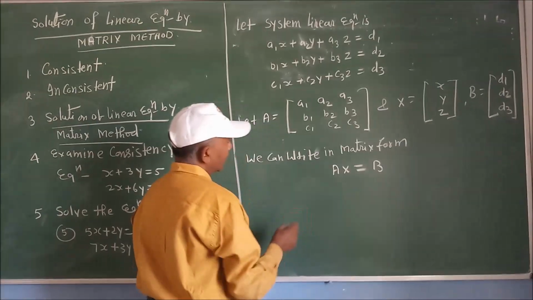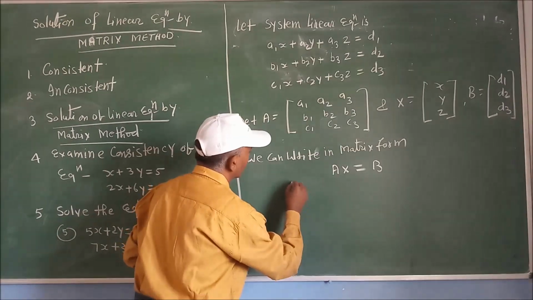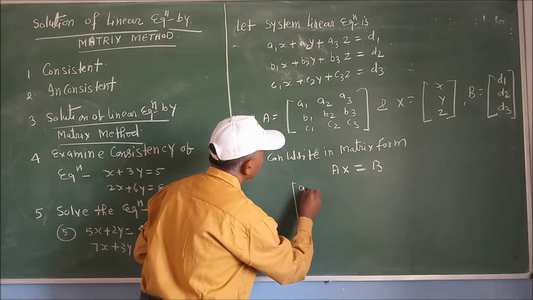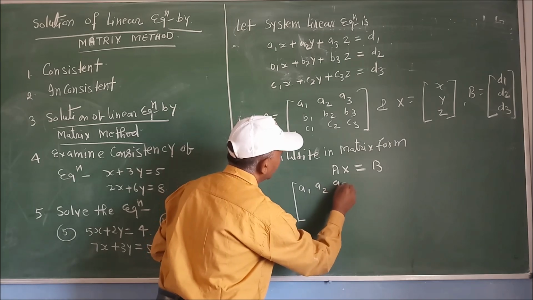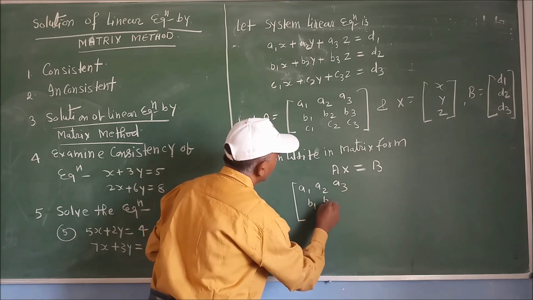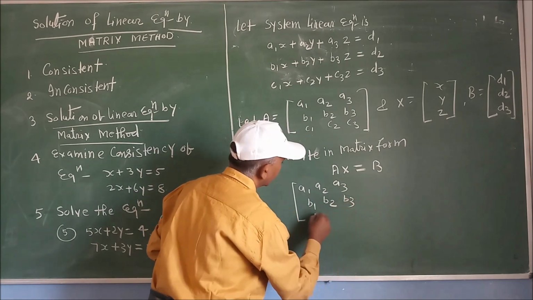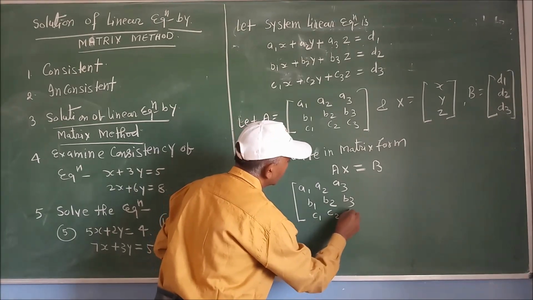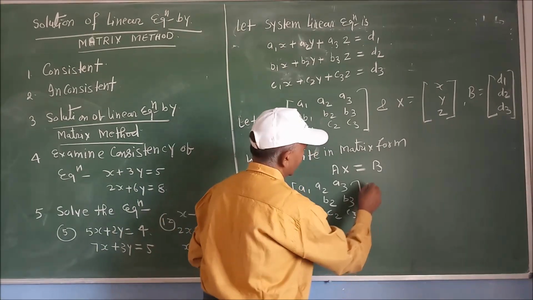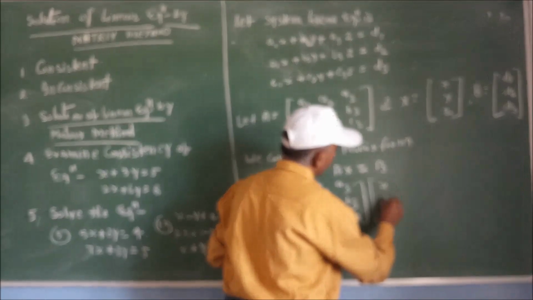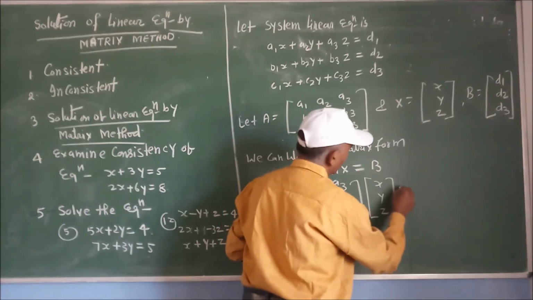So here the matrix A multiplied by x, y, z will be equal to B.